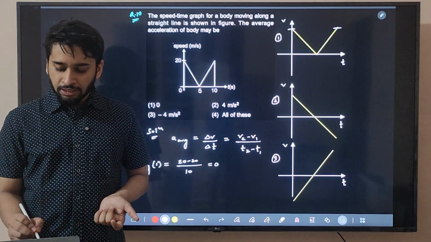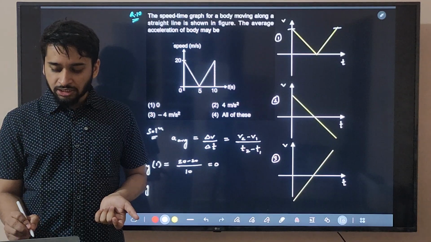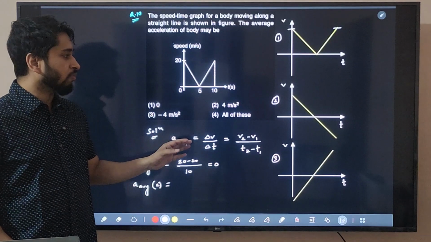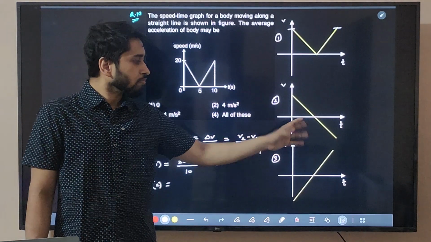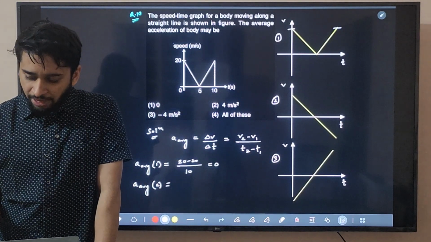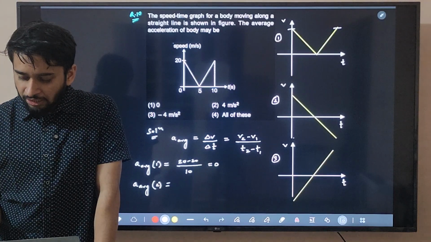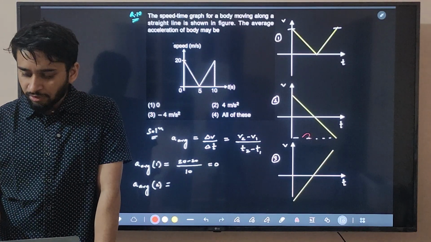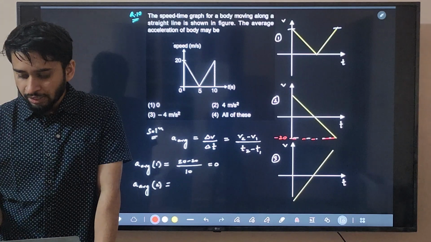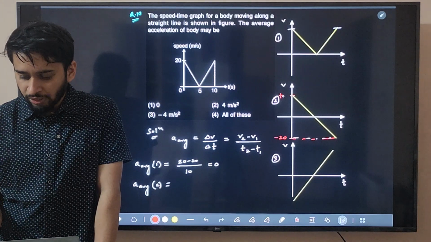Another possibility for average acceleration from the second one. What is the other possibility that we have? So here the final velocity can be negative 20 and the initial velocity could be positive 20, right?